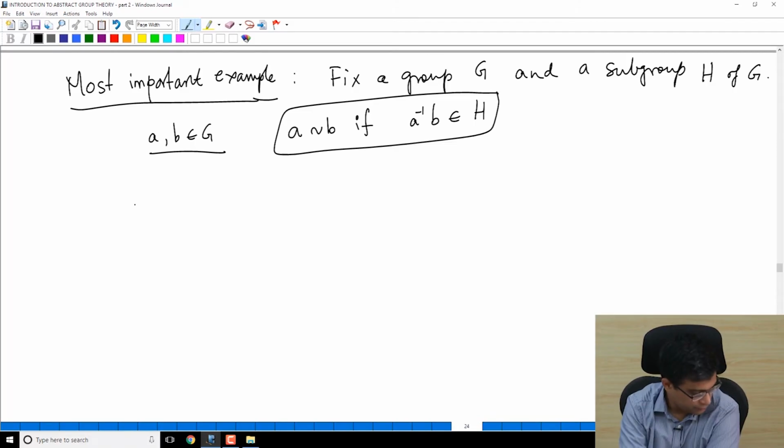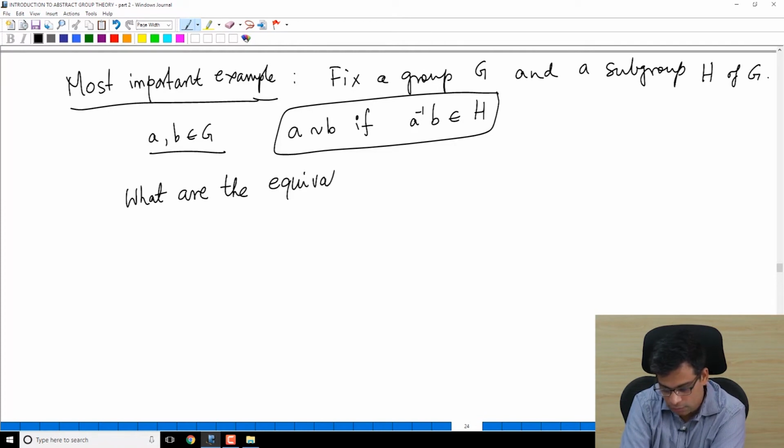So what are the equivalence classes? And we discussed this, I think.